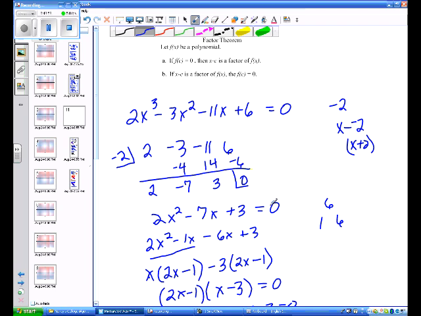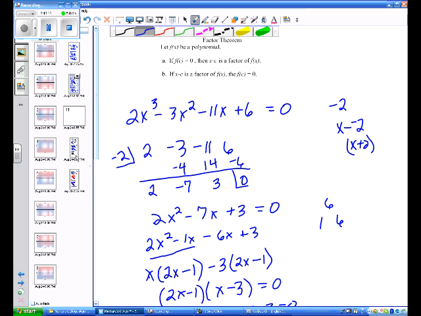And then remember that we have the two important theorems. We have the factor theorem, which simply says that if you get 0 as your remainder, or when you substitute in you get 0, then that means x minus that number is a factor.